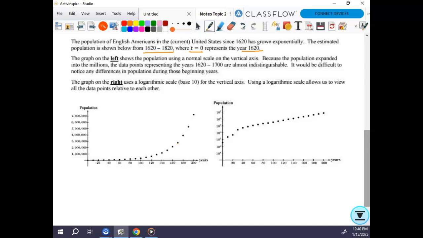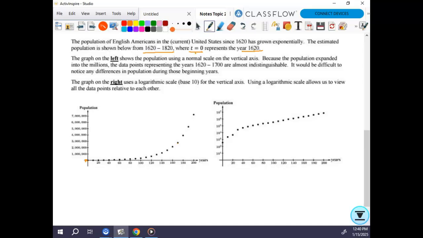It is telling me that my input is the time from 1620 to 1820. But it also tells me t equals 0 represents 1620, which means my x values are not the years, right? If you look at your x-axis here, there's no 1620 here at all. So pay attention to that, because that's something that has thrown some of y'all off more than once when you were creating stuff with regression.